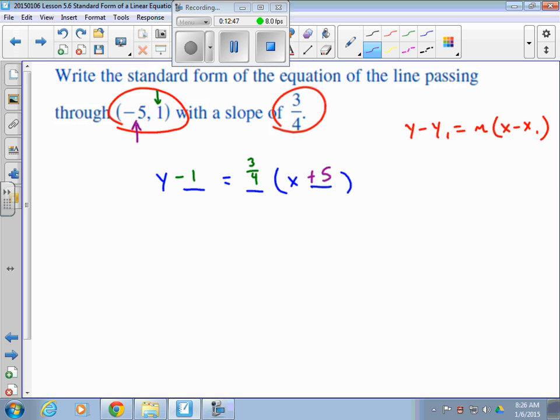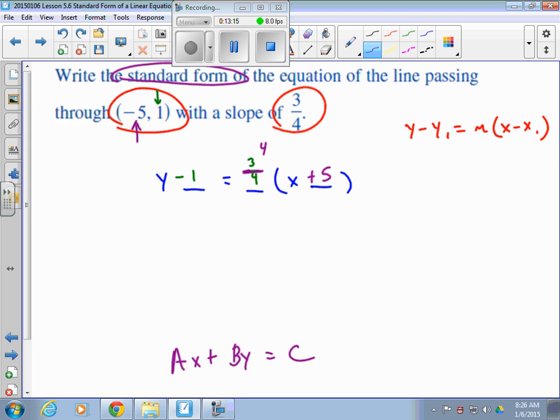From here, that's point slope form, but that's not what we're trying to write now. We're past that. We're trying to write standard form. Ax plus by equals c. It can't have fractions. So on the next step, eliminate the fraction. Get rid of this divide by 4 right here.